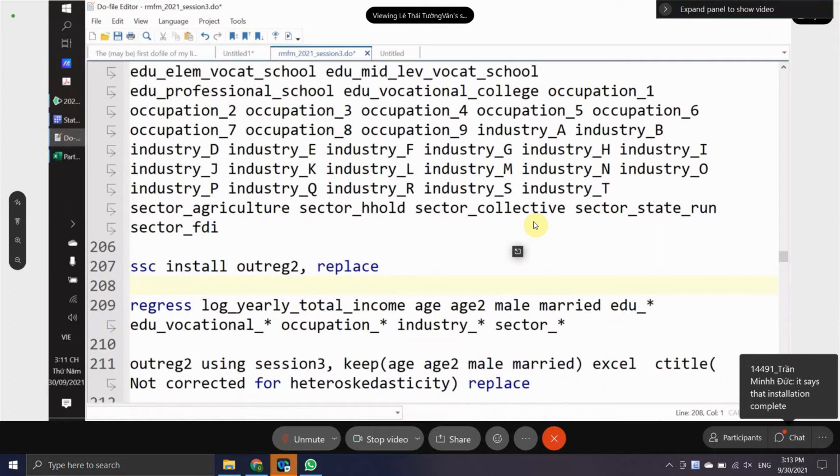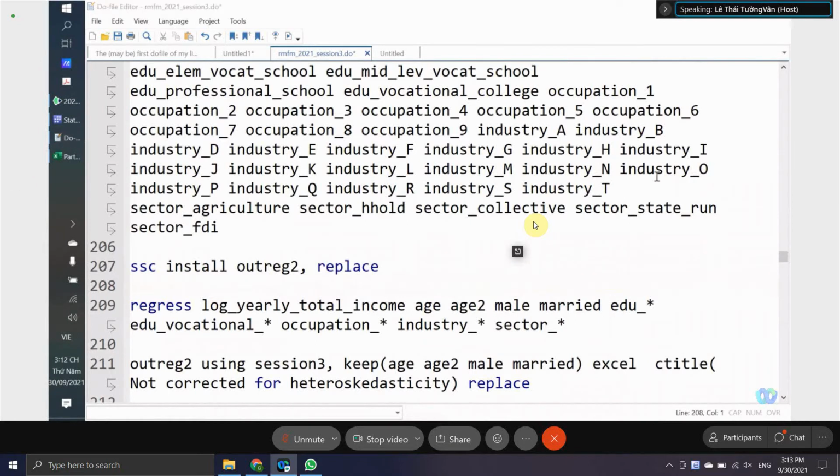Vũ Tính Bảo is saying my Stata has also successfully installed it. Hopefully, if you cannot install it, then please find some way to fix it in the next few days.